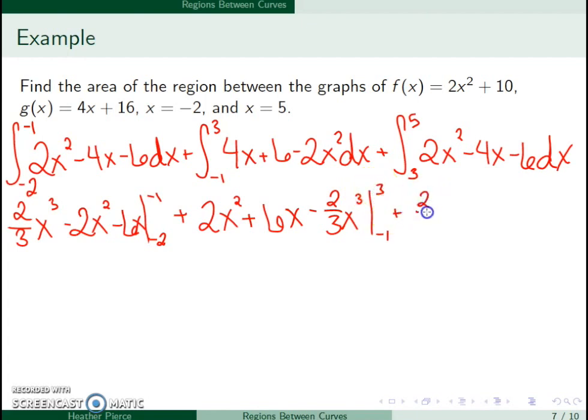And then I get 2/3 x cubed minus 2x squared minus 6x between 3 and 5. And if you evaluate all of these and work that all out, you get 142 over 3.